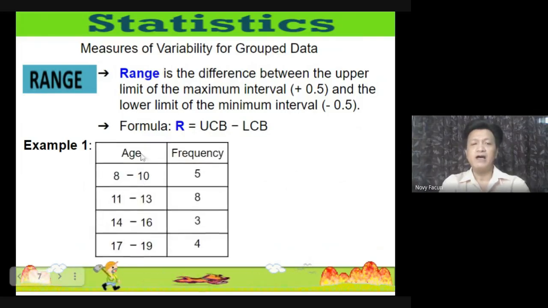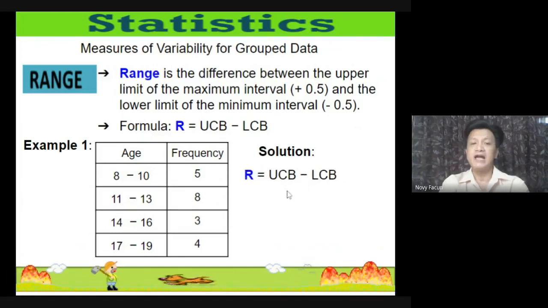So we have the age of the students given the interval and the frequency of each interval. So meaning to say, to solve the range is simply write first the formula and di ba hahanapin natin muna yung upper limit. Ano ba yung upper limit natin? Yun yung 19. Magpa-plus tayo ngayon ng 0.5.